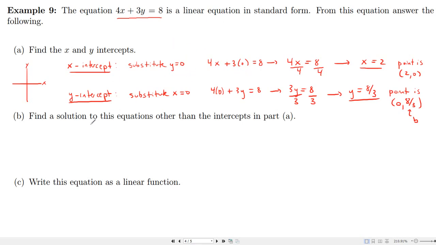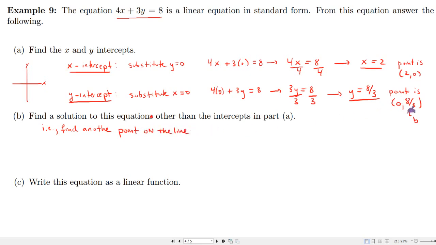Now for the next part, it just says to find a solution to this equation other than the intercepts in part A. So essentially what they're saying is substitute something else and get another solution to this, okay? Another point. In other words, find another point on the line, right?